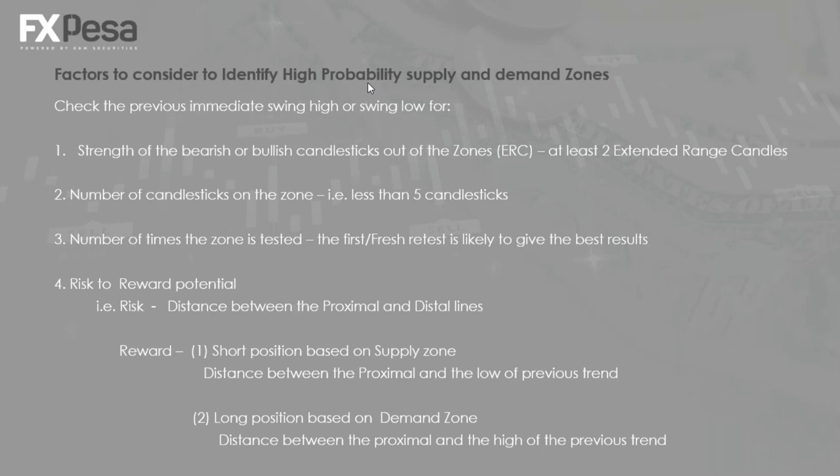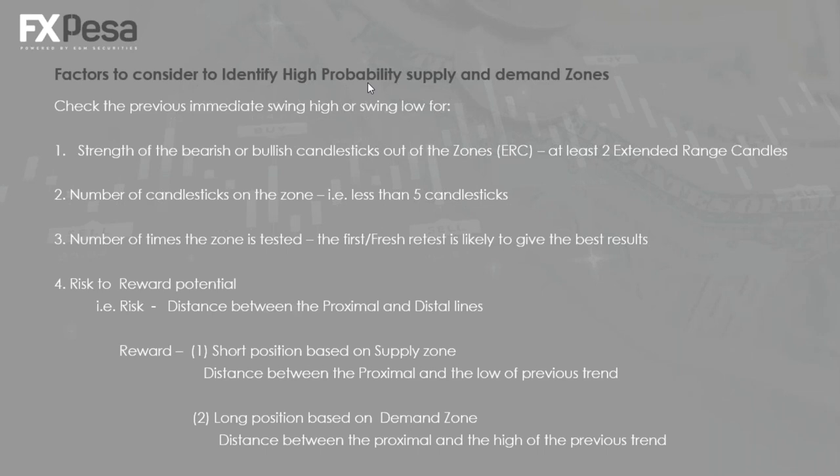Then when it comes to reward or take profit, you'd be looking to place your take profit along proximal. You will determine your take profit level based on the distance between the highest level or the lowest level of the trend preceding that zone. So ideally, reward or take profit should be based on the most recent trend preceding that zone.